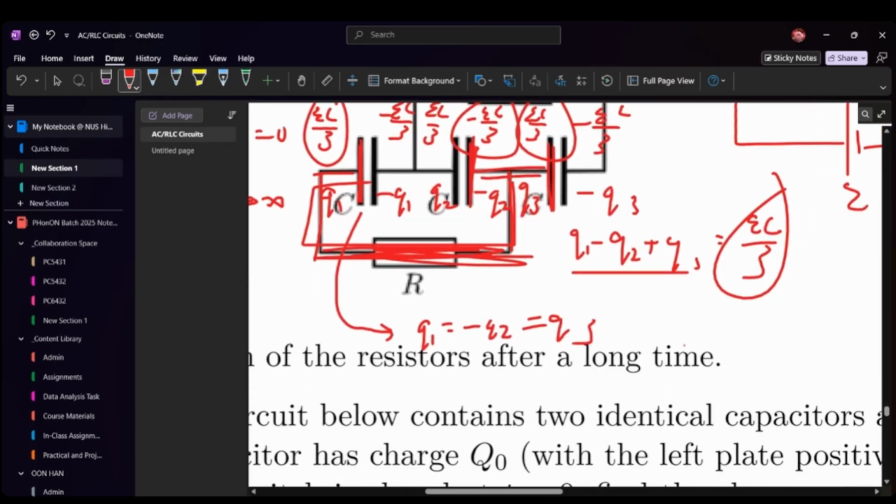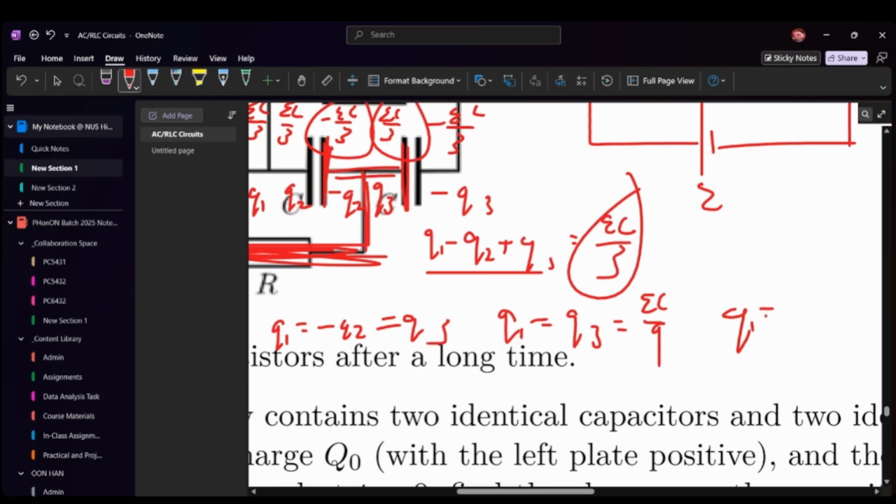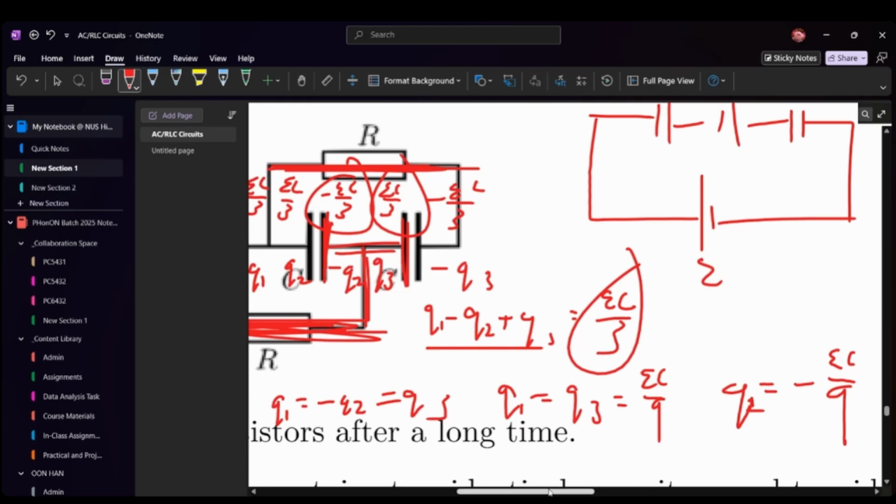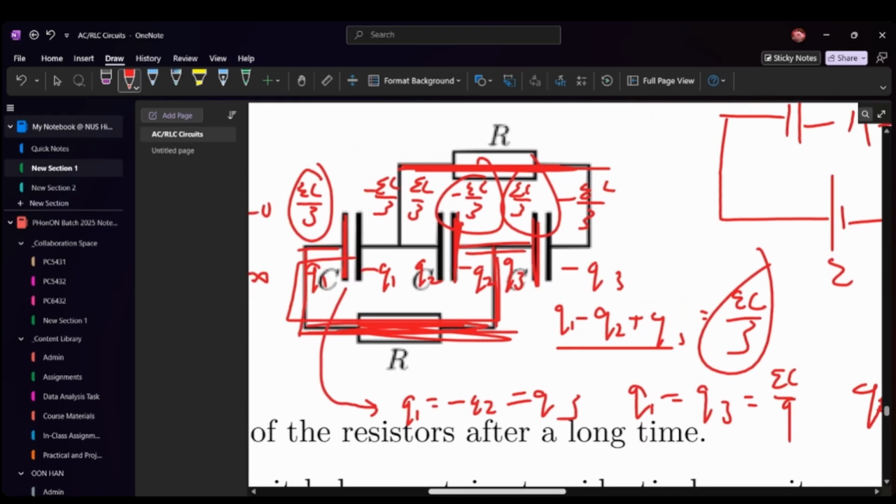So then when you solve, that implies that your Q1 equals Q3 is epsilon c over 9, and Q2 is minus epsilon c over 9.